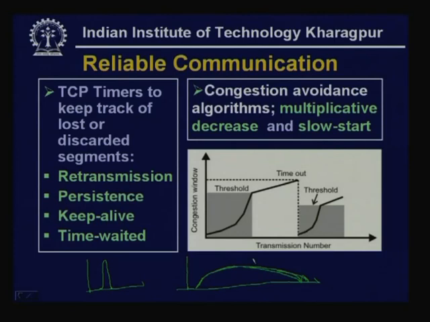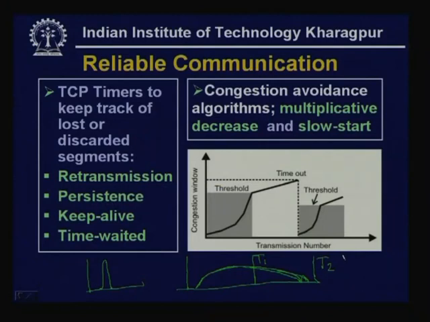So, if you choose a retransmission time T1, then there will be many retransmissions. On the other hand, if you choose T2 as the retransmission time, then unnecessarily you are wasting time. Now, what is being done? Initially a suitable value is chosen based on the measurement of the round trip delay time.